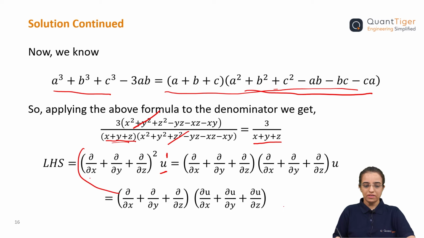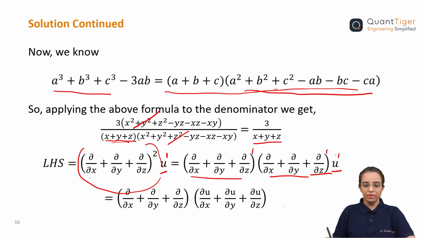Since this is a square, I will write it 2 times like an expansion, and this u I am multiplying with u, so I have written it as it is. That way we are keeping the power of each of these terms as 1, so we can multiply.